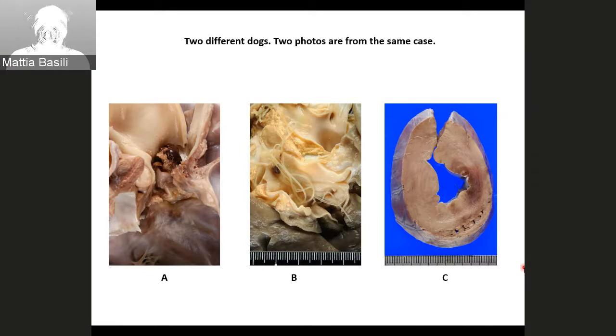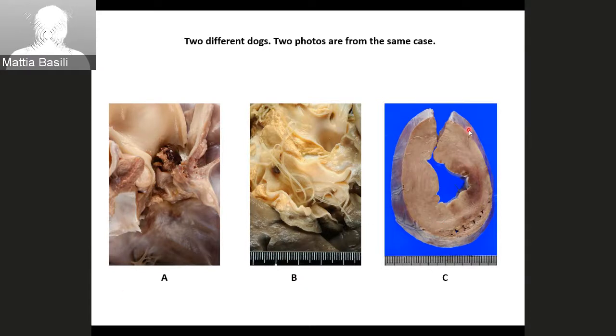But I think that with picture C, it could be compatible if we do have a concomitant presence of a sepsis, for example, inducing both myocarditis and endocarditis.